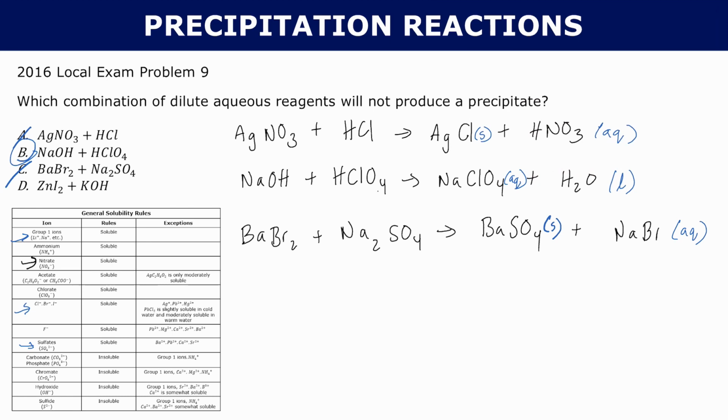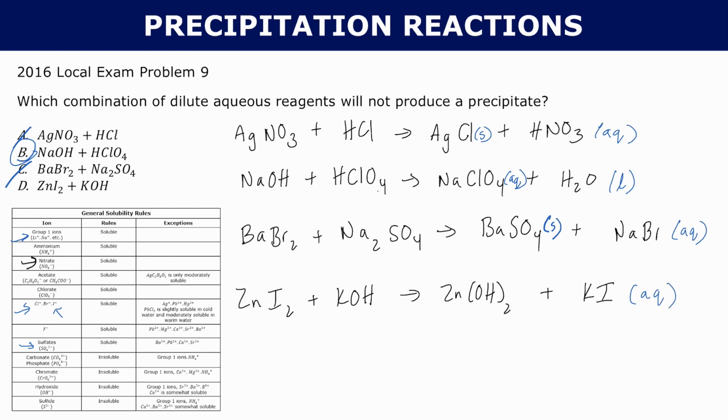Let's just check D really quickly. So we have zinc iodide, ZnI2, with potassium hydroxide. The zinc pairs up with the OH, so you have zinc hydroxide, Zn(OH)2, and you have the potassium pairing up with the iodide to produce KI. If you look at solubility rules, iodide is always soluble unless it's with silver, lead, or mercury, and we don't have any of those, so this is aqueous.